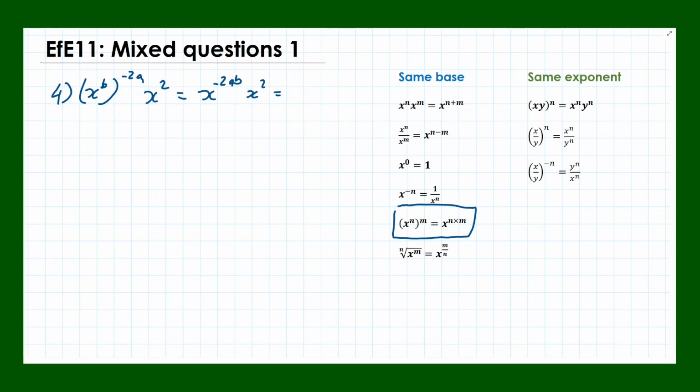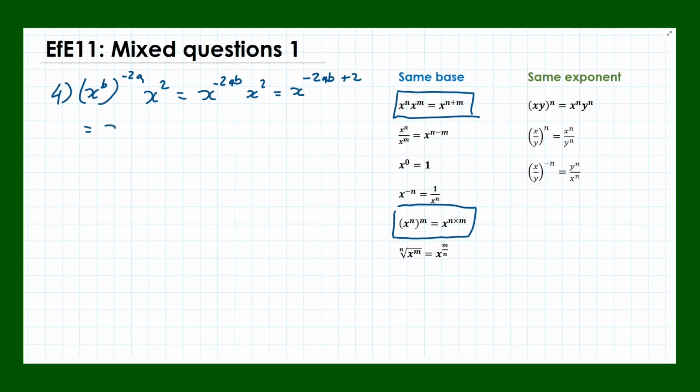Well, what's the next rule we're going to use? Well, the same base powers are multiplied together. So what we're going to have to do is keep the base of x and then just add together the exponents. So minus 2ab plus 2. Well, I could stop here, but I don't really like to have the negative numbers.